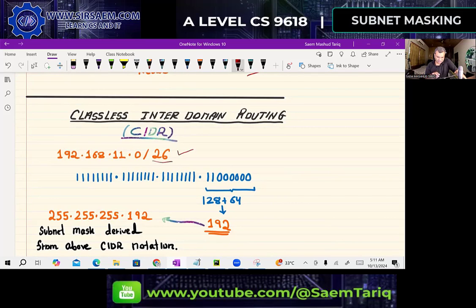Now, what does 26 represent here? It represents bits in this 32-bit address. I told you before that IPv4 is 32-bit. Here I have 8, 8, and 8, which comes to 24, and 2 bits I'm taking from here, which makes 26. So I can use bits from the host portion as well.